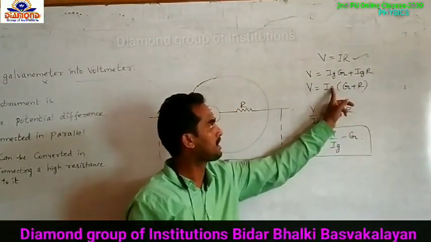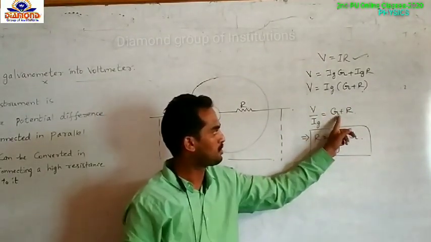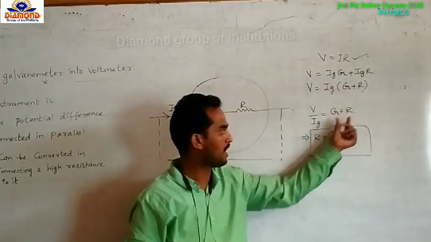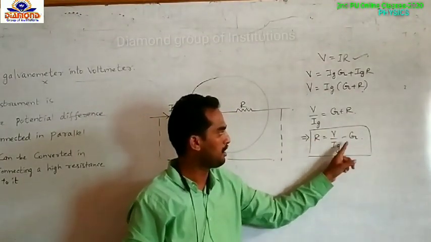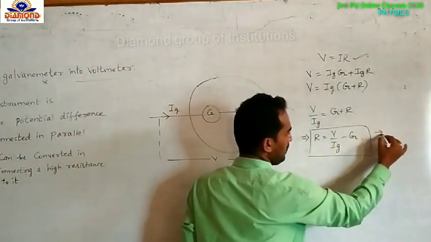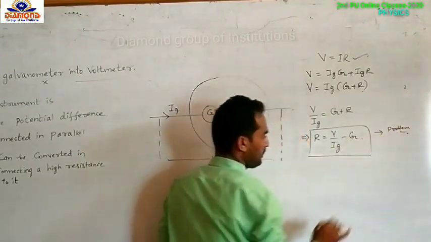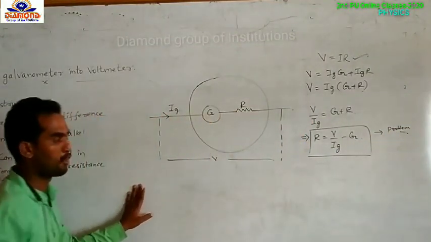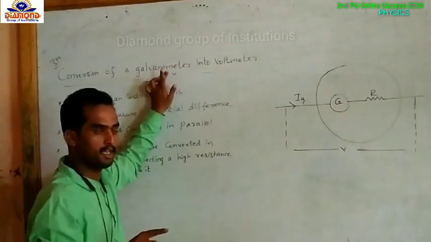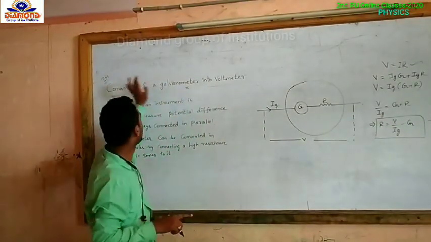Then Ig goes to the other side, V by Ig equals G plus R, so keeping R as it is, R becomes V by Ig minus G. This is also a most important expression, and we can expect a problem. This derivation is also important for 3 marks. Conversion of a galvanometer into an ammeter as well as into a voltmeter, both are important for 3 marks.